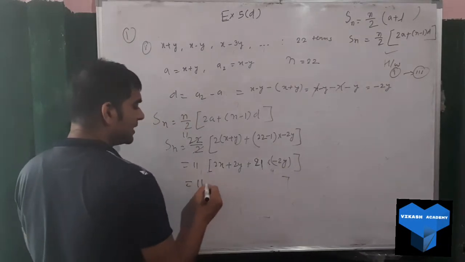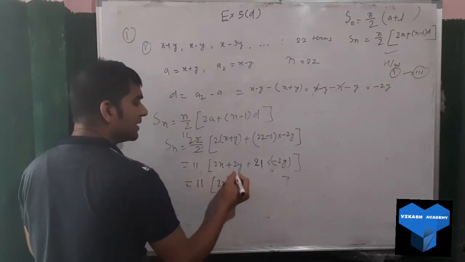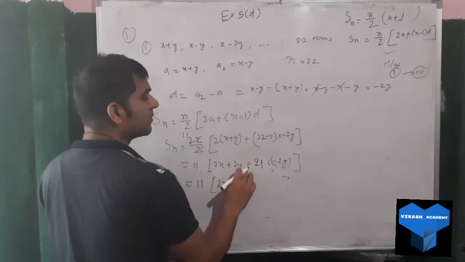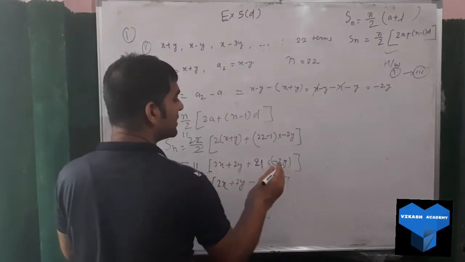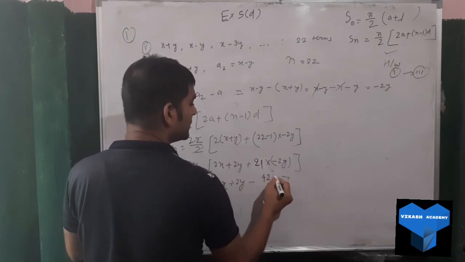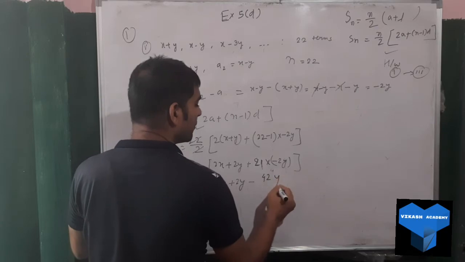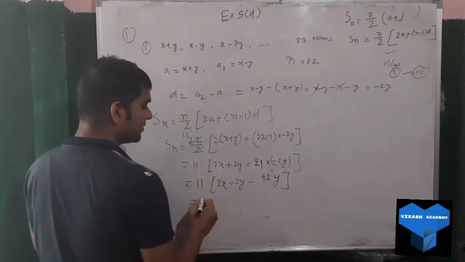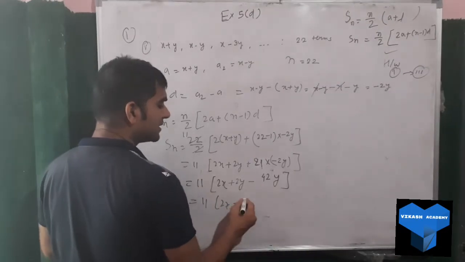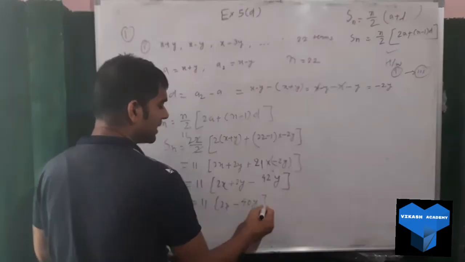So 11 stays, then 2x plus 2y, and plus into minus, 21 into 2 will be 42y. Close the bracket. 11 stays, 2x stays 2x, and 42 minus 2 gives minus 40y. Then close the bracket.